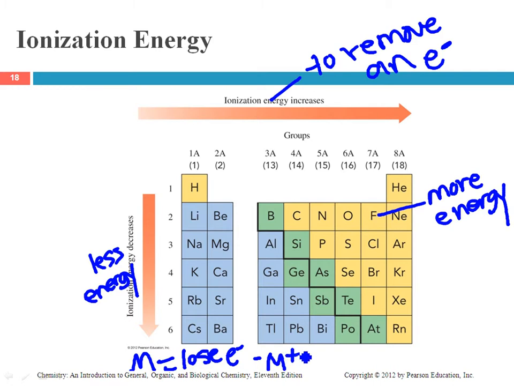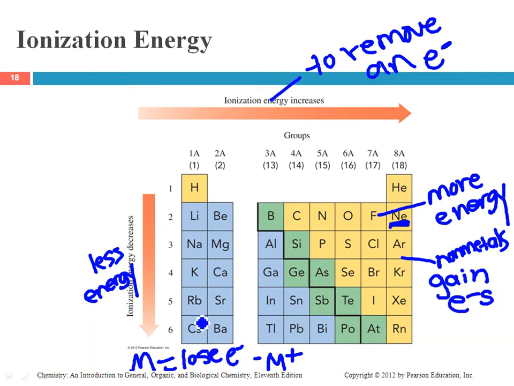But your nonmetals over here, they want to gain. So here fluorine is only one electron from being like neon. So it wants to gain an electron because if it gains one, then it has a configuration like neon. So it takes more energy to remove because nonmetals don't want to remove, they want to gain. So nonmetals want to gain electrons, not lose them.